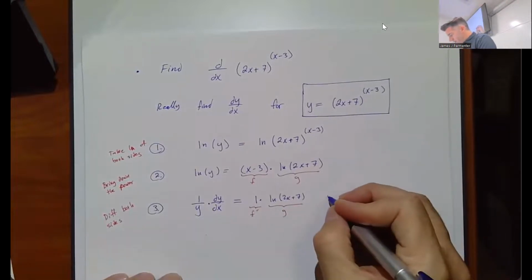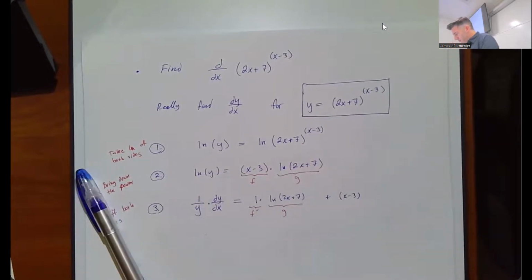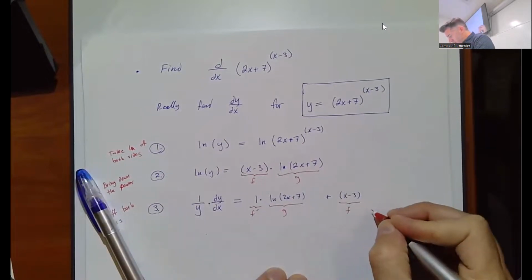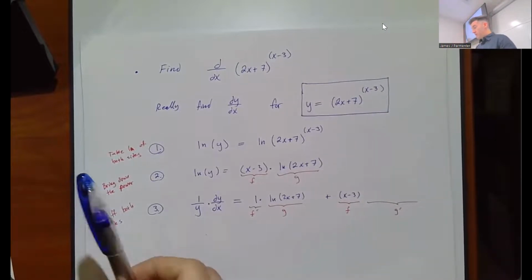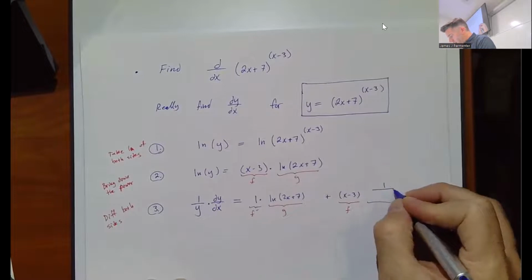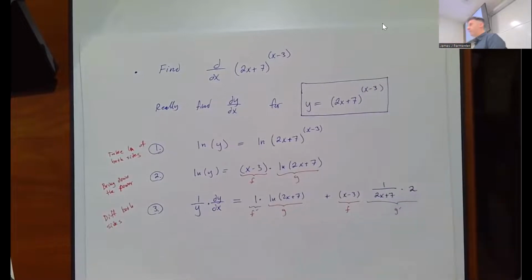We get f, which is x minus 3, times g prime. And g prime, the derivative of the natural log of some stuff, is 1 over the stuff times the derivative of that stuff.